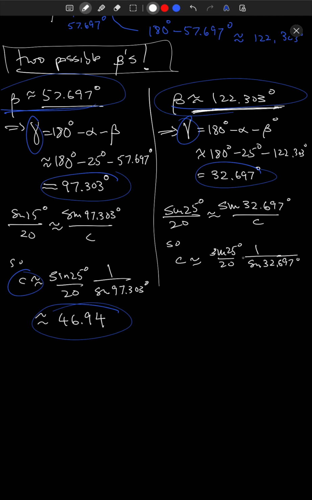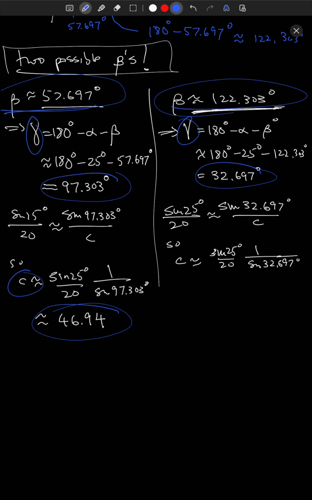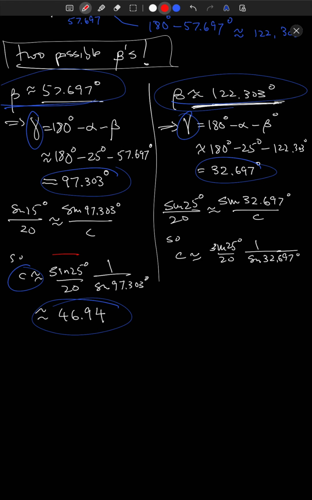The reason I wrote the 1 over instead of dividing is because if you have a more fancy calculator, you can save this quantity and use it again here, right? So you ultimately end up with 25.567 if you plug it all into a calculator.